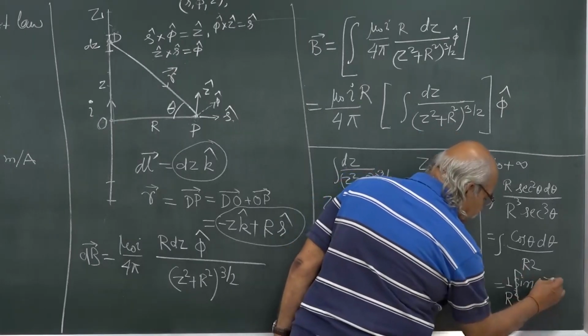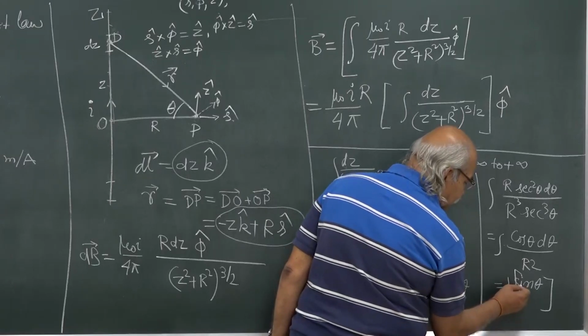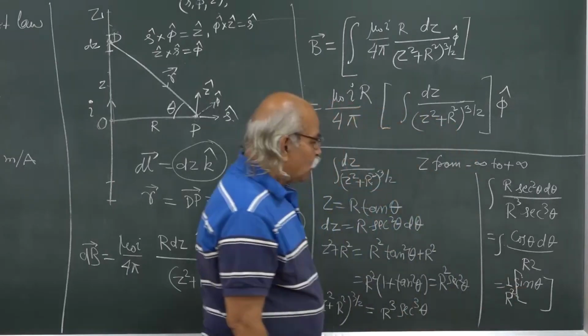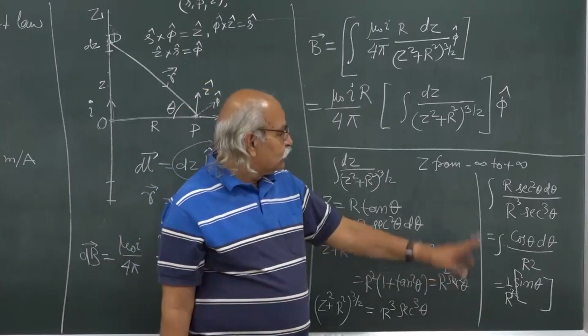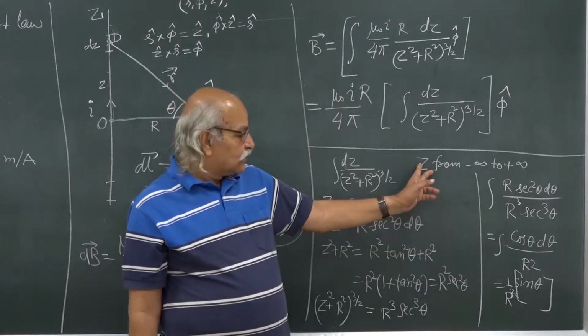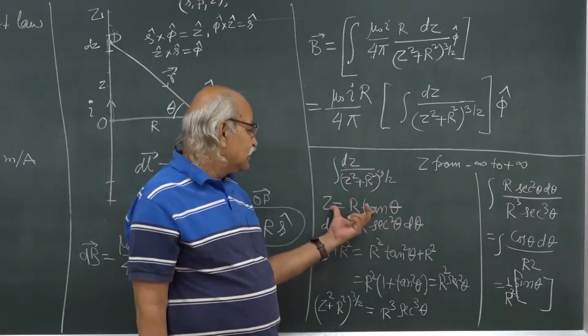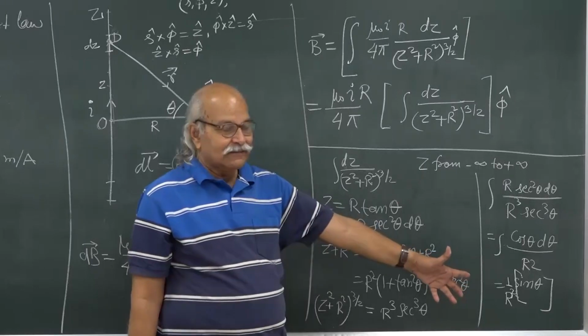You have to put proper limits. What are the limits on θ? We know the limits on z, so it's easier to find the corresponding limits of θ and put them there directly.